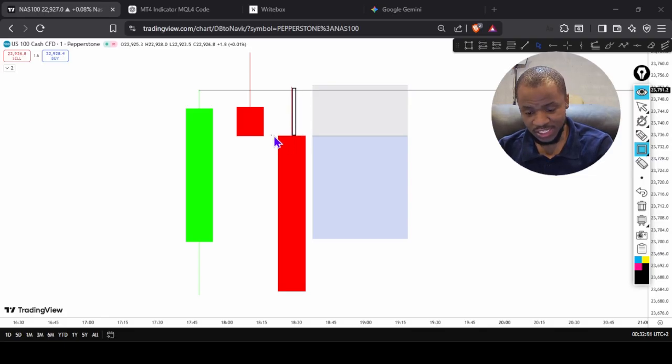So your entry has to be exactly on the opening of that candle, but it first has to go and manipulate. It has to reach this level of the first accumulation candle, and once it does, it comes back into the open. That's when you take your trade.